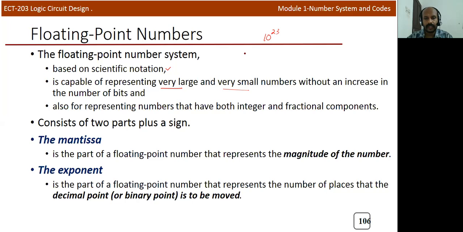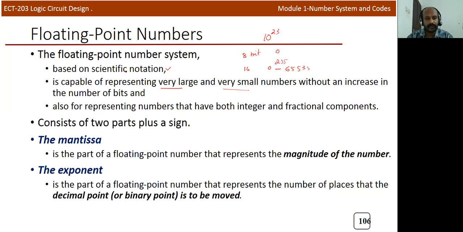When you use, for example, 8 bits, we can represent decimal values from 0 to 255. If you are using 16 bits, this range increases from 0 to 65,535. But when you want to represent a larger number, again we need to increase the number of bits.